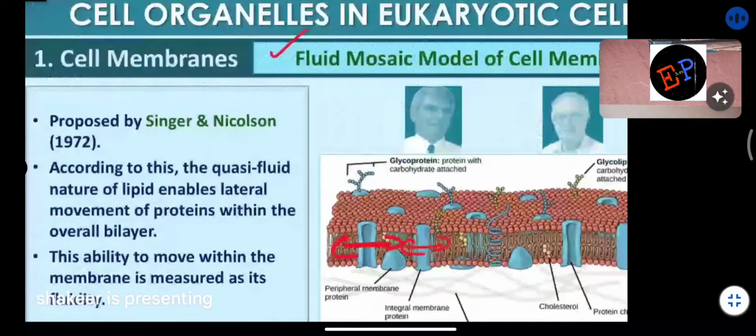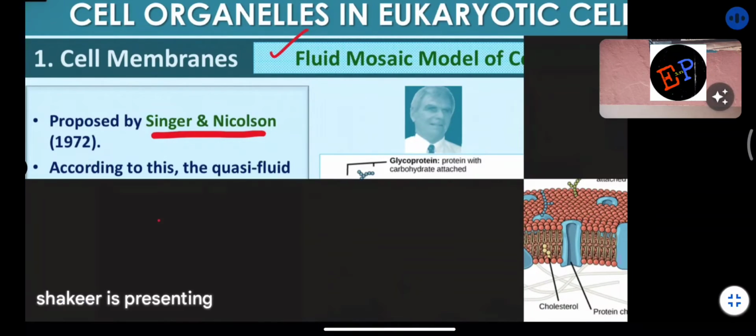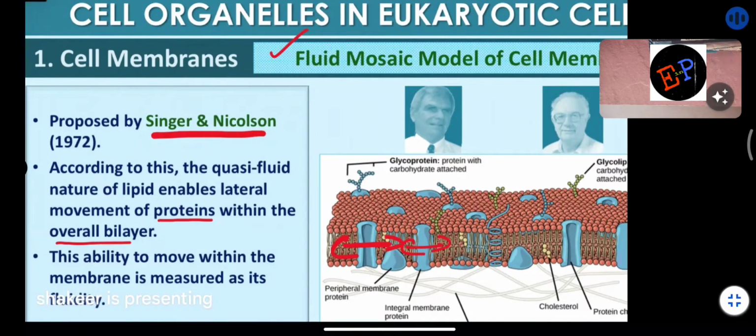It was proposed by Singer and Nicholson. So according to this, the quasi-fluid nature. What is meant by quasi-fluid nature? It means it is not 100% solid, it is not 100% liquid. Such materials we can call quasi-fluid in nature. The quasi-fluid nature of lipids enables lateral movement of proteins within the overall bilayer.